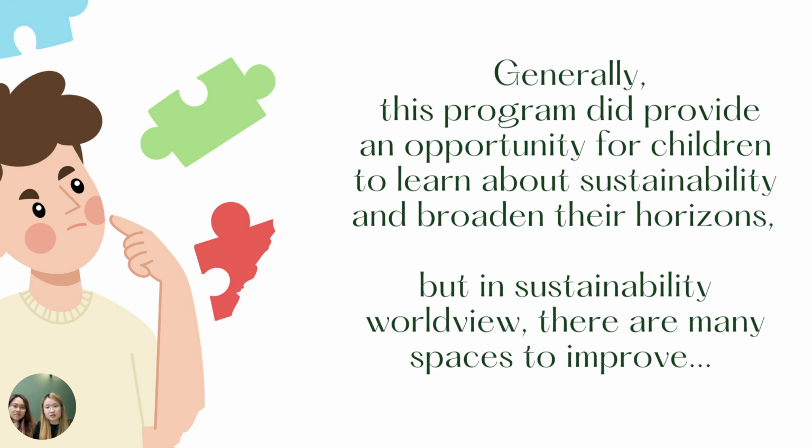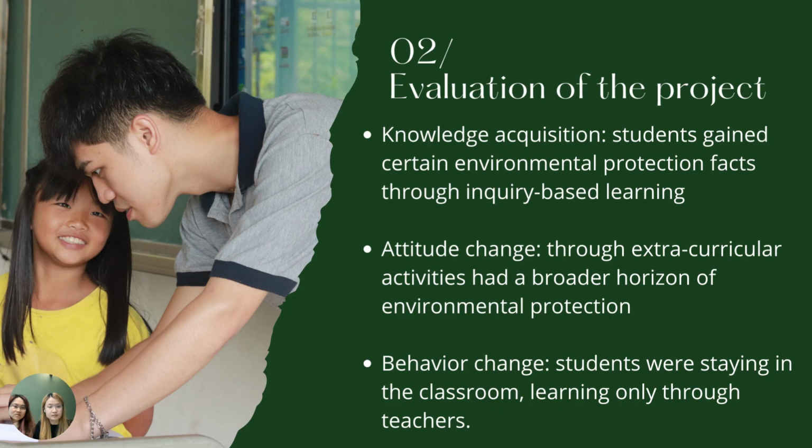So generally, this program did provide an opportunity for children of remote area to learn about sustainability and broaden their horizons. But in sustainability worldview, there are many spaces to improve. So to evaluate the outcome of this project, 6 criteria can be adopted.